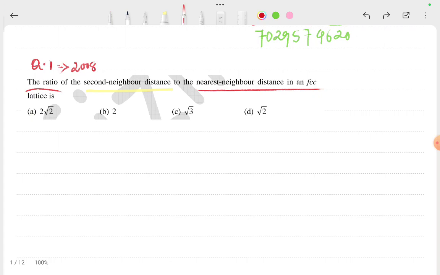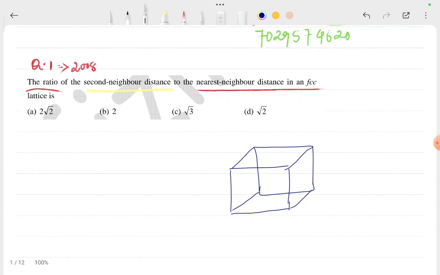So first of all we draw an FCC lattice. As you all know, this is a cubic unit cell, and this cubic unit cell has atoms at the corners as well as at each face of the unit cell.